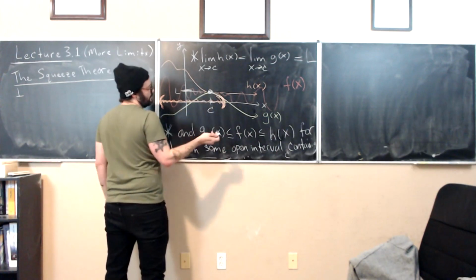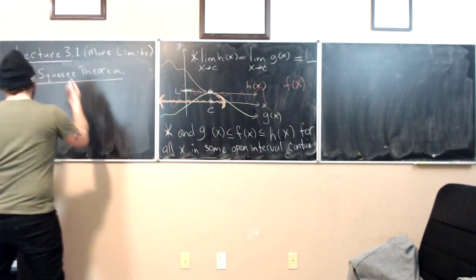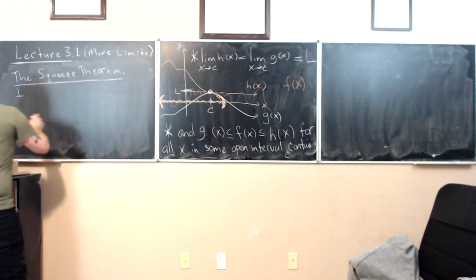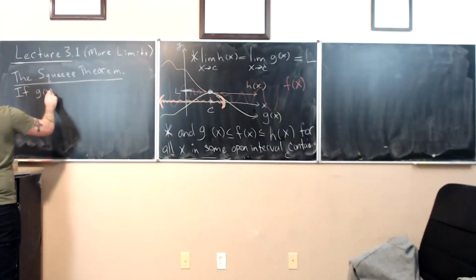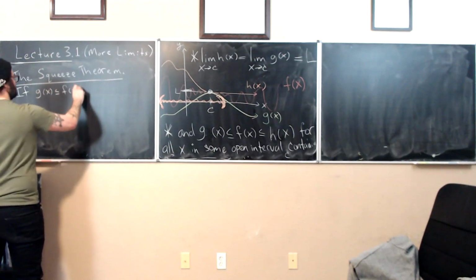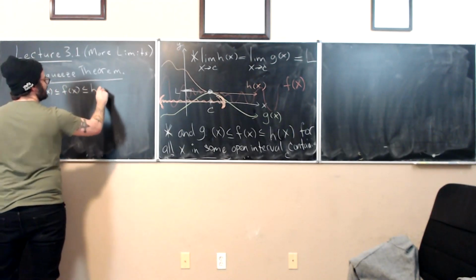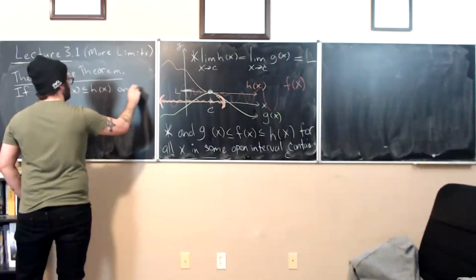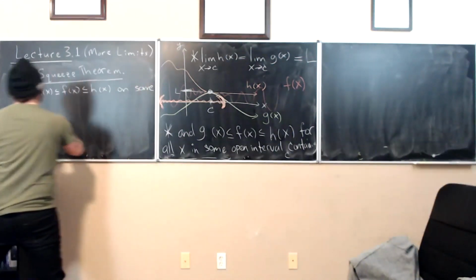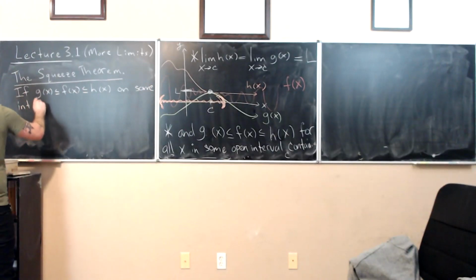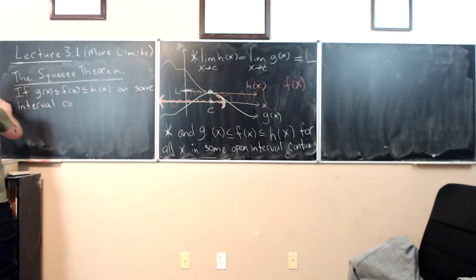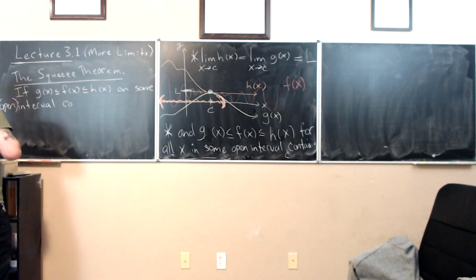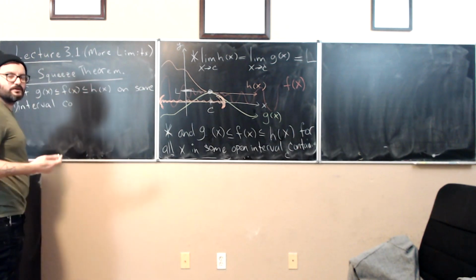So this is what's called the squeeze theorem. And it states that if, say, g of x is at most f of x, which is at most h of x, on some open interval containing c. Whenever I write open, or whenever I say interval, typically I am implying open, unless I state otherwise.